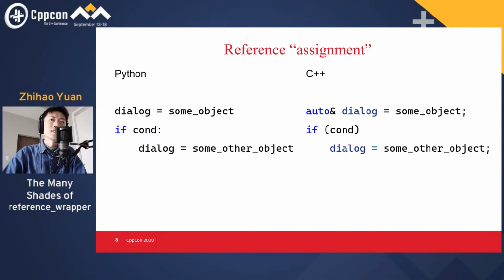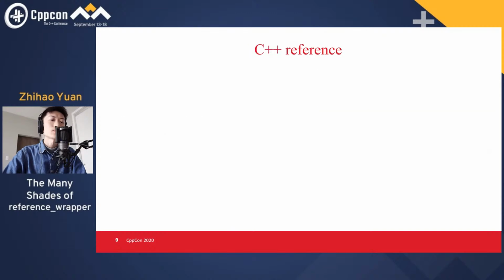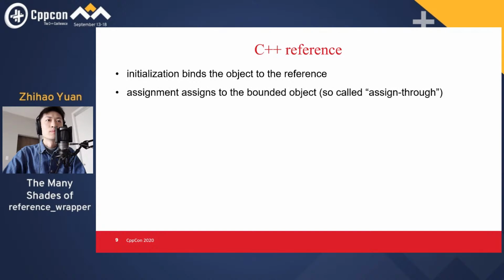But the thing is getting a little bit inconsistent in C++. To a C++ reference, initialization binds the object to the reference, but assignment assigns to the bound object. This behavior is called assign through. Now, think about this.